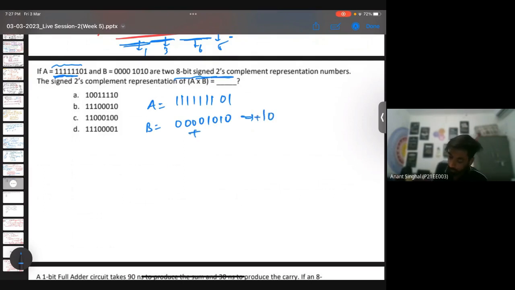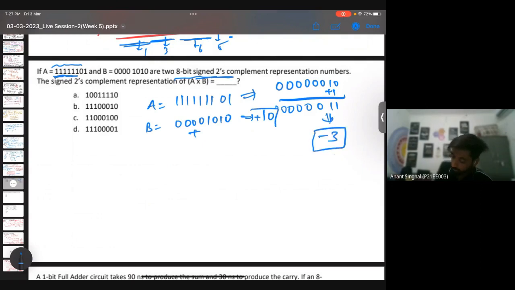And then this is a negative number, so we need to calculate the two's complement of it. So it will be 0 0 0 0, how many ones are there? 6. And then 1 0 plus 1. So it will be 1 1 0 0 0 0 0. Since there is no carry, it is minus 3. So A is nothing but minus 3 and B is nothing but plus 10.